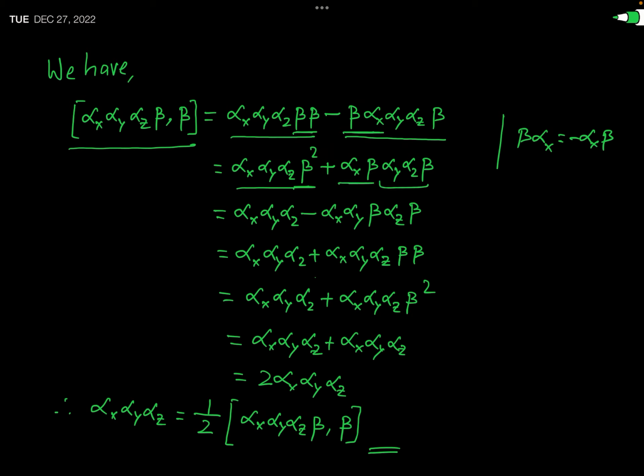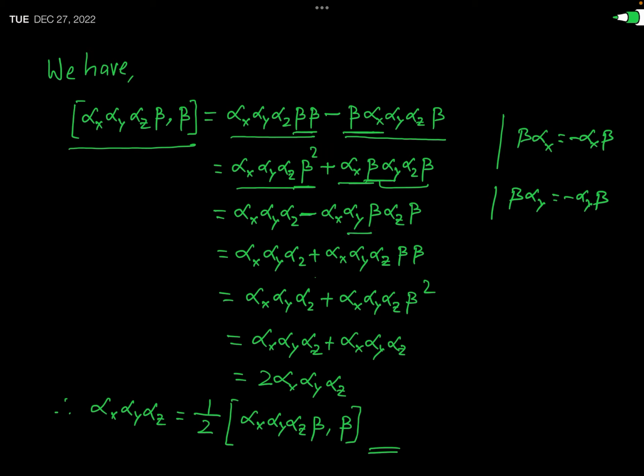The remaining factors are the same. Again you can see beta alpha y will be equal to minus alpha y beta. So instead of beta alpha y, we write minus alpha y beta.